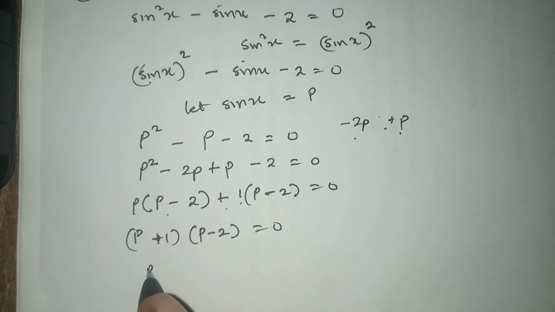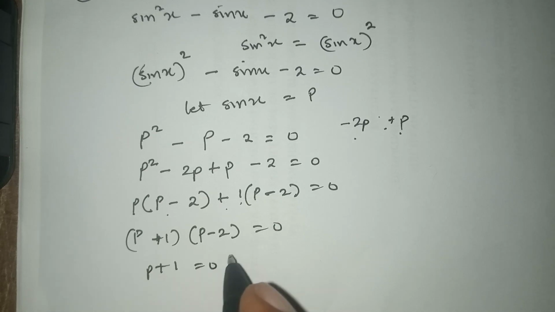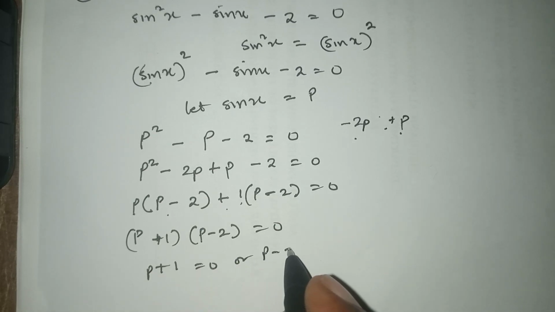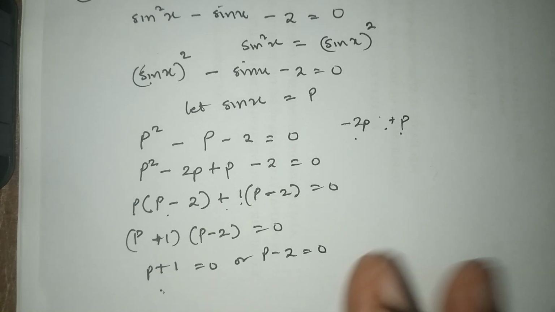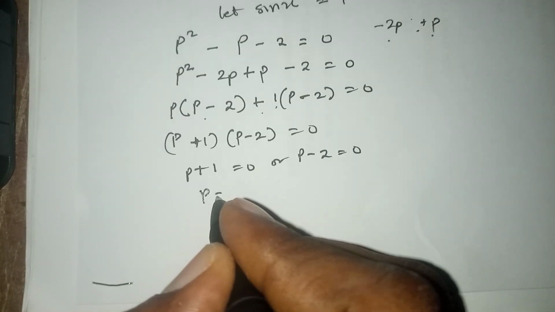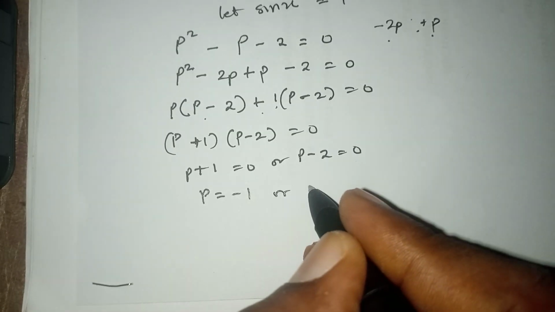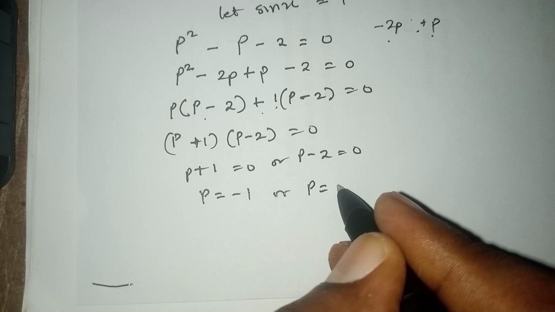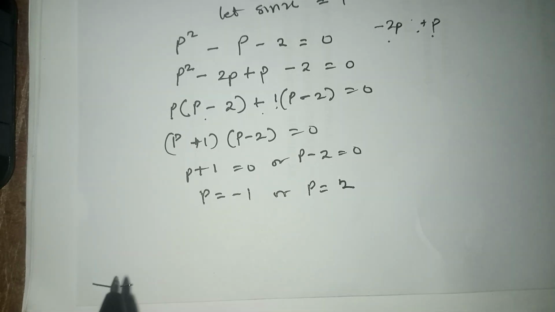So p plus 1 equals 0, or p minus 2 equals 0. Further solving, p equals minus 1 or p equals 2.